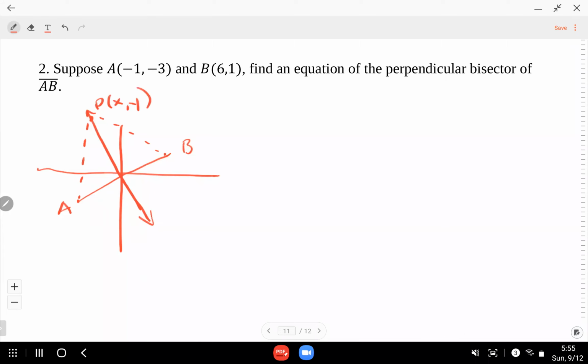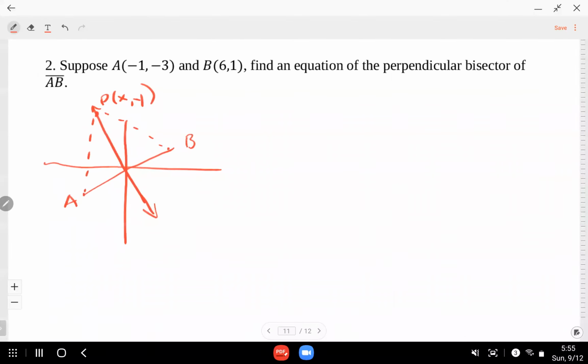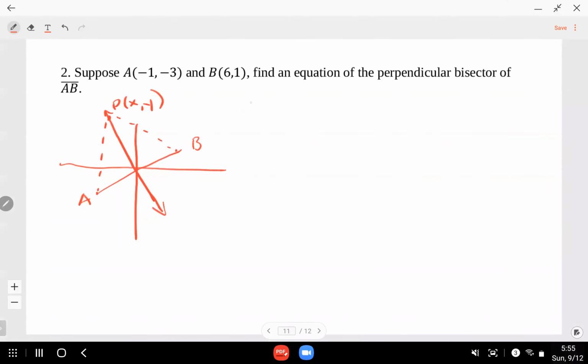All right, so basically all we need to do here is use x2 minus x1, right, plus y2 minus y1 squared. All right, we don't need the square root because they both cancel out.